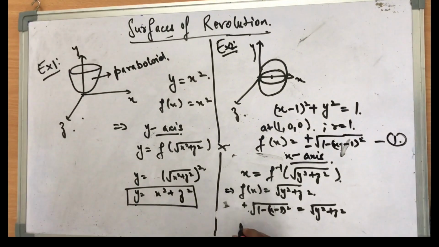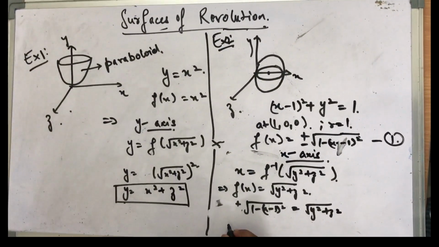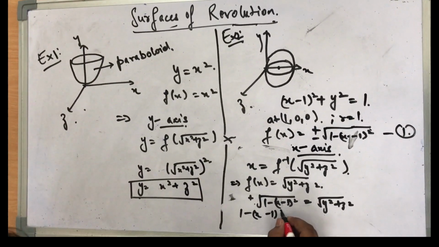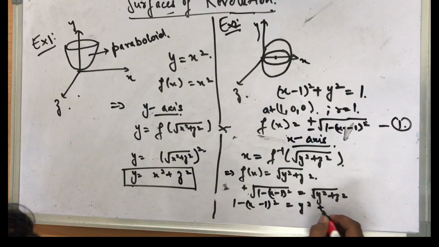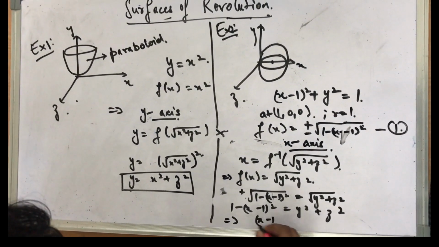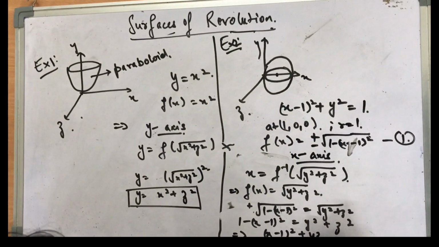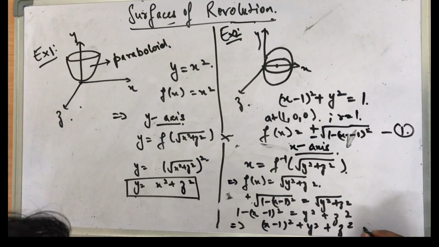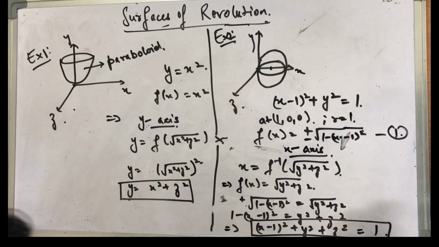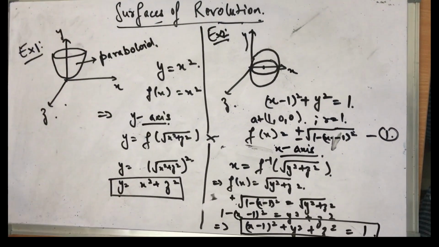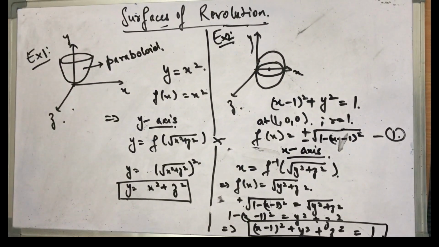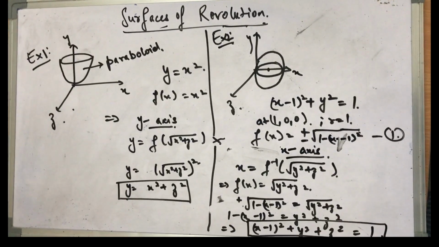So if I square both sides, I have x minus 1 whole square is equal to y square plus z square. Hence the equation of this surface is x minus 1 whole square plus y square plus z square is equal to 1, which we already know is true for this sphere centered at 1, 0, 0. So that was all from the surfaces of revolution. Thanks.